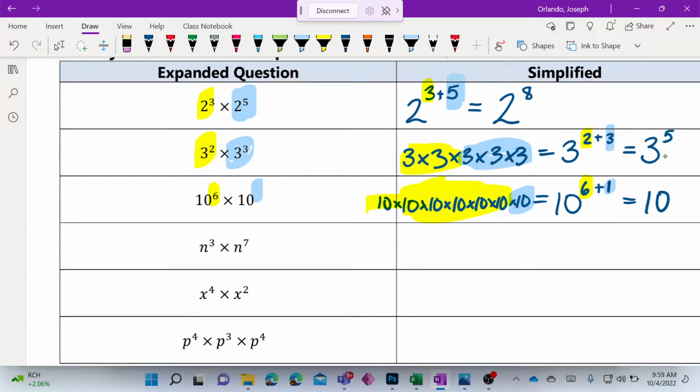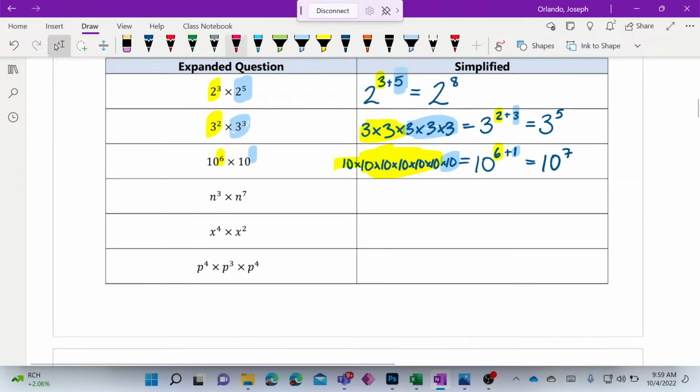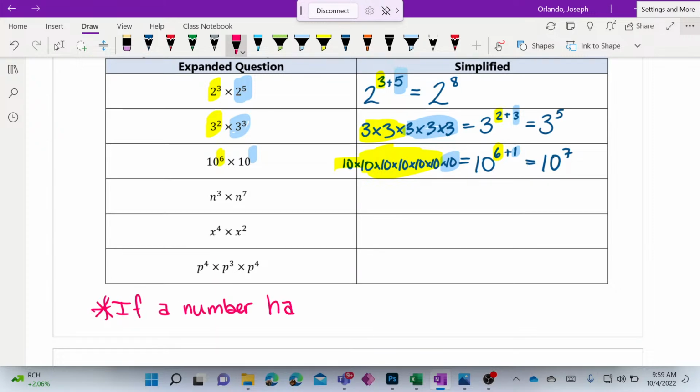So this would actually total to 10 to the power of 7. Is that worth making a note of? Maybe. I certainly think so. If a number has no exponent written, its exponent is 1.